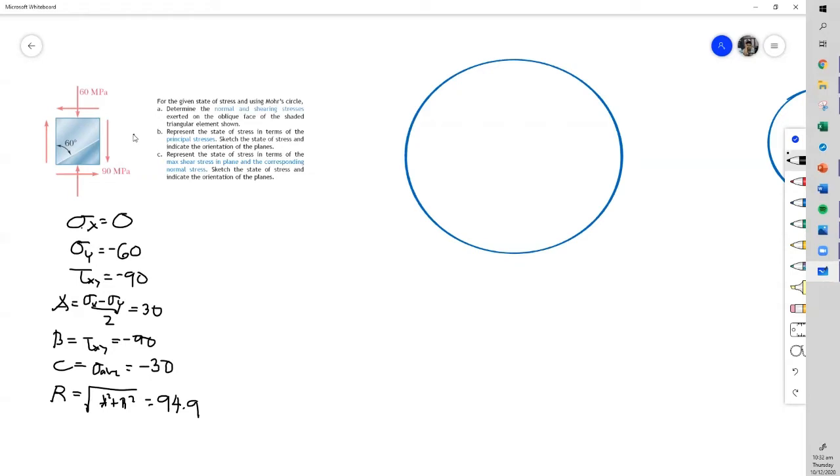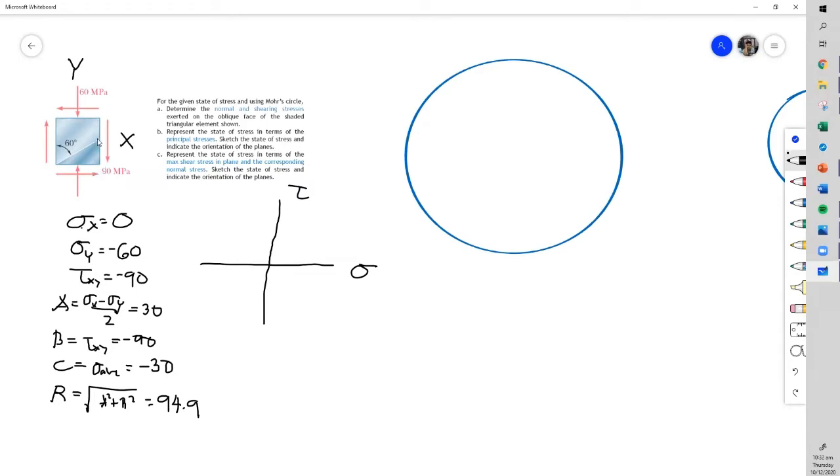So this is X and this is Y kasi ito yung vertical plane, ito yung horizontal plane. So if we have here a plot of sigma versus tau. So plot muna natin si point X. Si point X, ang sabi niya ay, ang sigma niya is 0 and then tau is 90 na ang kinukos niya ay clockwise rotation.